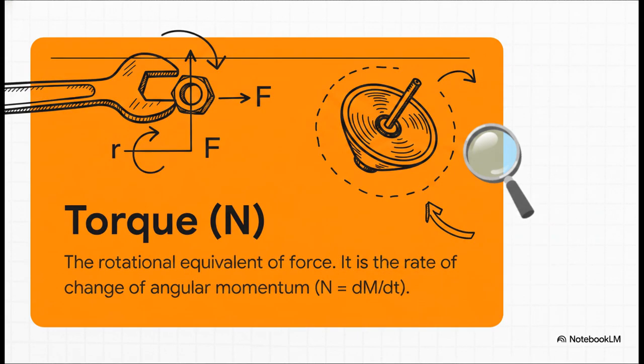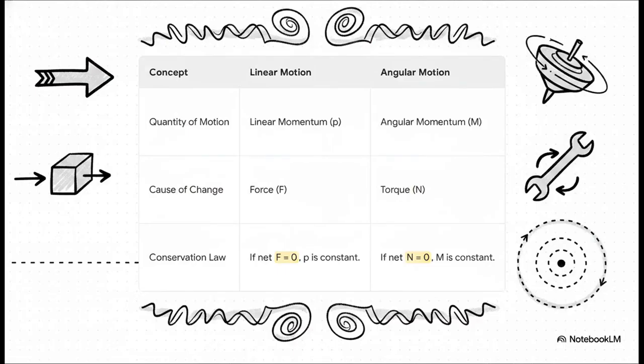So if angular momentum can change, what causes it to change? Well, the answer is torque. It's a really nice analogy. If a force is a push or pull that changes linear momentum, a torque is a twist that changes angular momentum. And look at that formula, it's so similar. Torque equals the position vector r cross the force F. And honestly, this table just lays it all out perfectly.